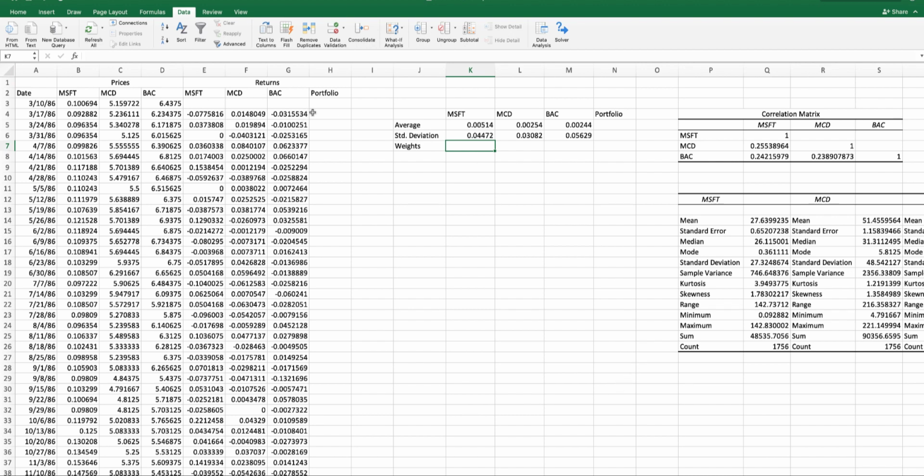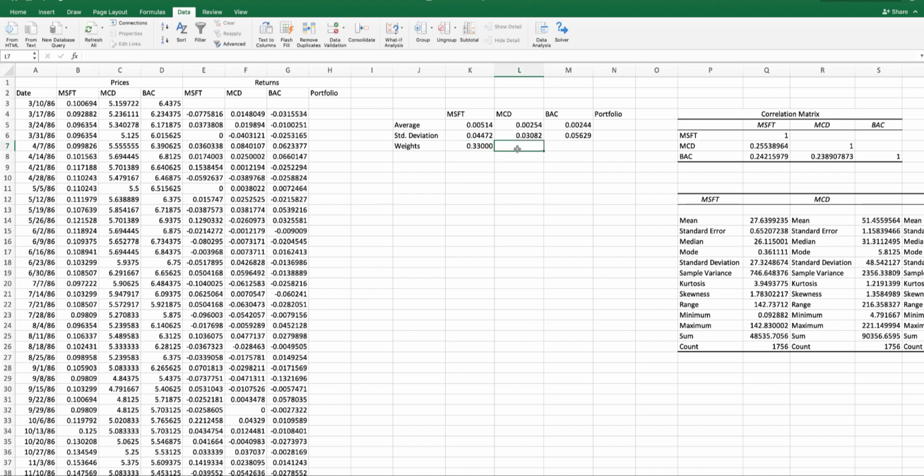Okay. So let's go ahead and calculate those returns. First, what we have control over is the weights that we're going to assign to each one of these stocks. Obviously, the weights need to add up to 1. So we're saying we're investing 100% of our money in Microsoft, McDonald's, and Bank of America. To start off, we're going to assign equal weights to each one of them.